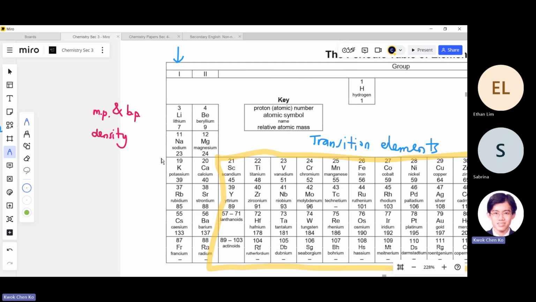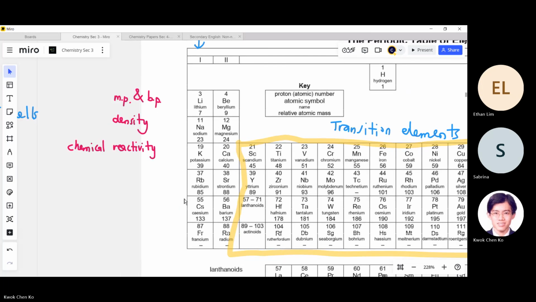How do they change down the group? You are interested about chemical reactivity down the group, and of course, there are some other specific properties for that group.